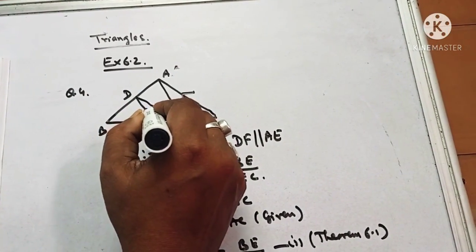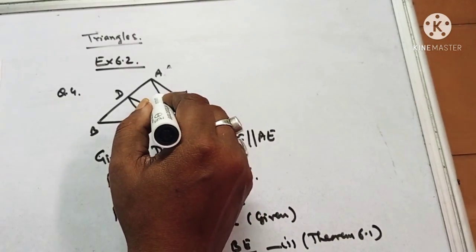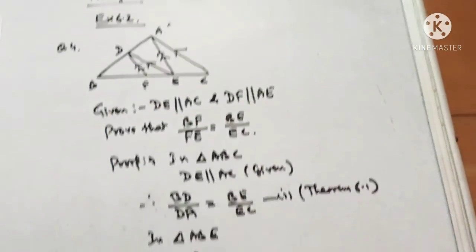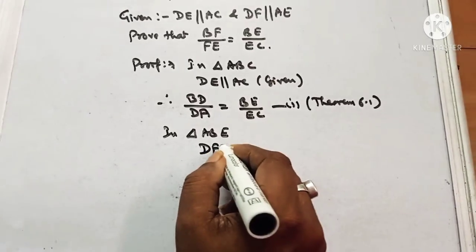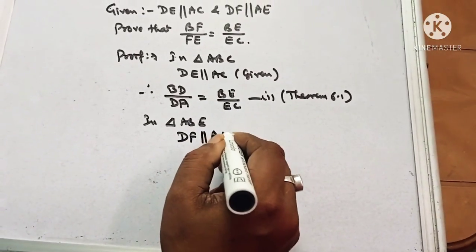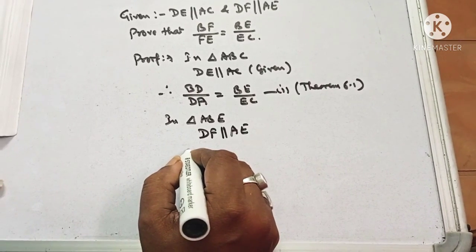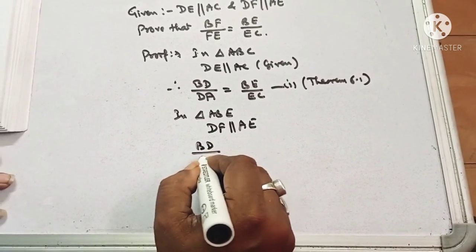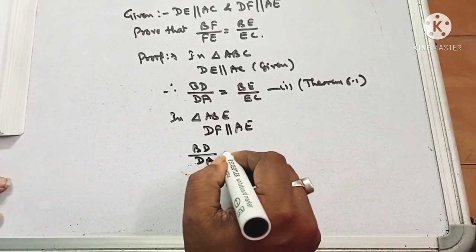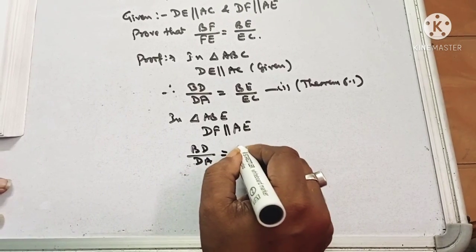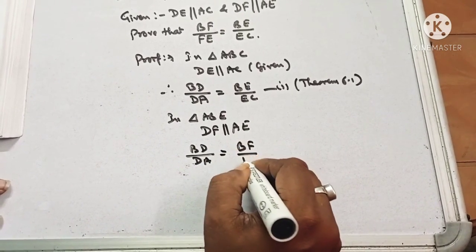DF is parallel to AE. So again we get that BD by DA will be equal to BF by FE.